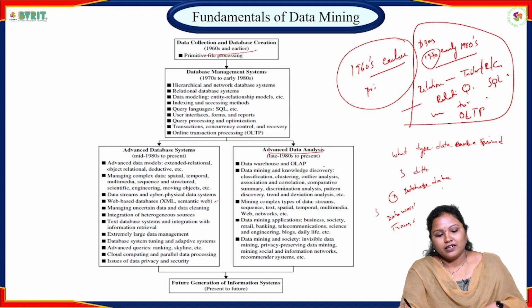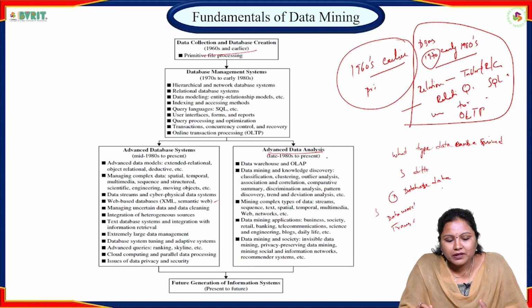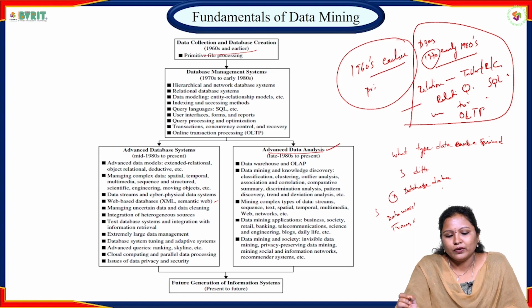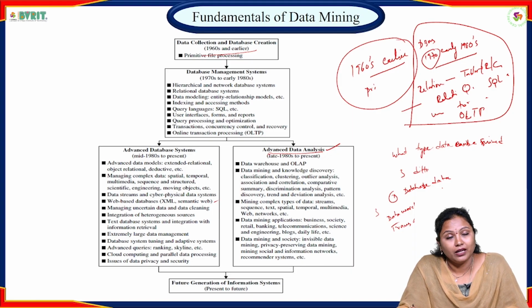Generally, previously in database systems we used DBMS, and different temporal data, sequential data, all this. But with advanced data analysis, we use data warehouse and OLAP, online analytical processing. In advanced data analysis, we mine the data according to our knowledge discovery.